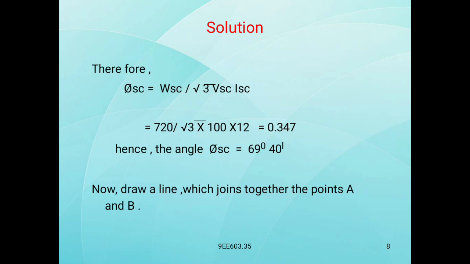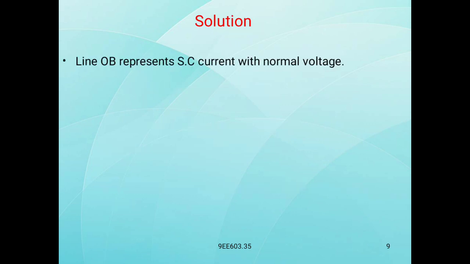Now draw a line which joins together the points A and B. Line OB represents the short circuit current with a normal voltage.